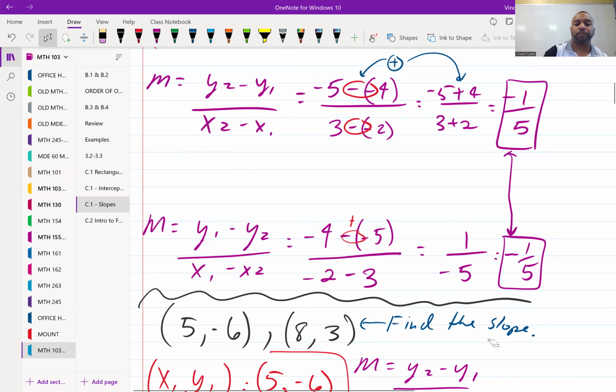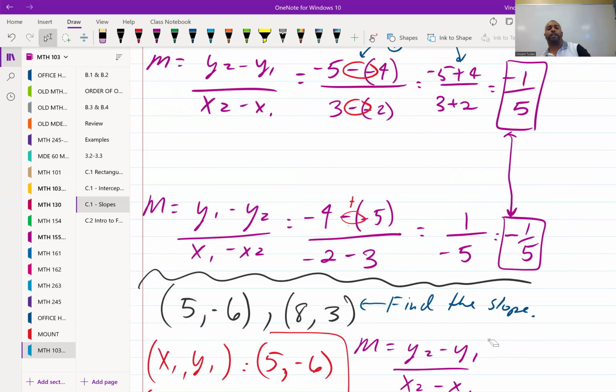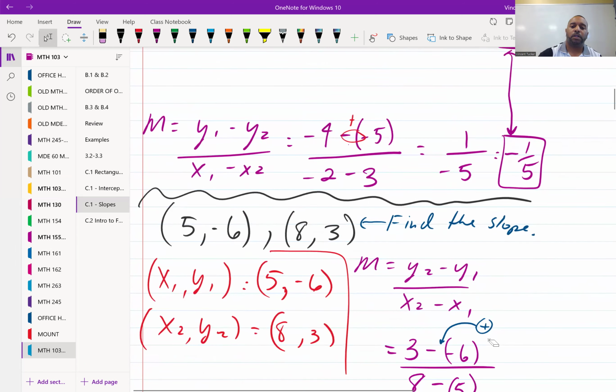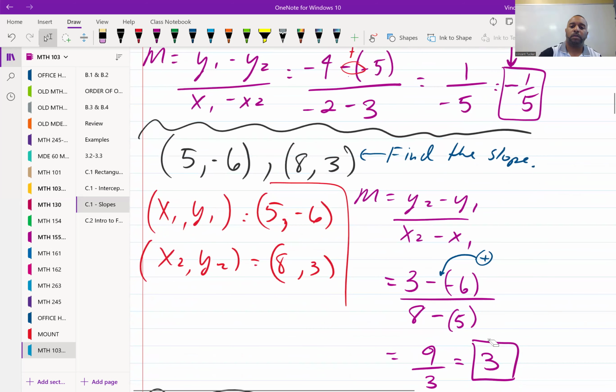All right. So next one we have 5, -6, and then 8, 3 as our two ordered pairs. I call the first one X1, Y1, which is 5, -6, and then 8, 3, I call X2, Y2.